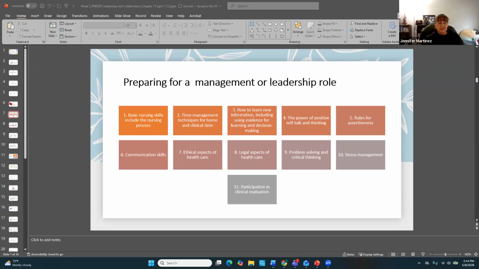And then participation in clinical evaluation. As a nurse leader, as a charge nurse, you are going to be responsible for evaluating your CNAs. So you will participate in those clinical evaluations and providing feedback on your CNA performance.